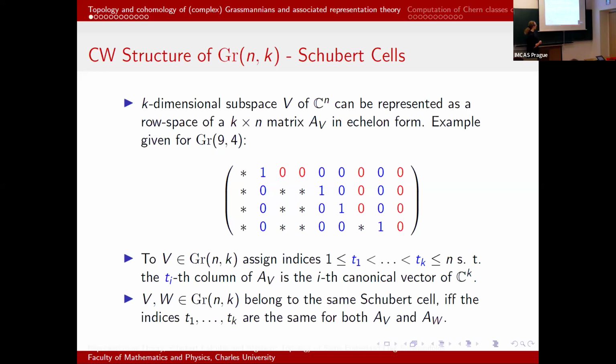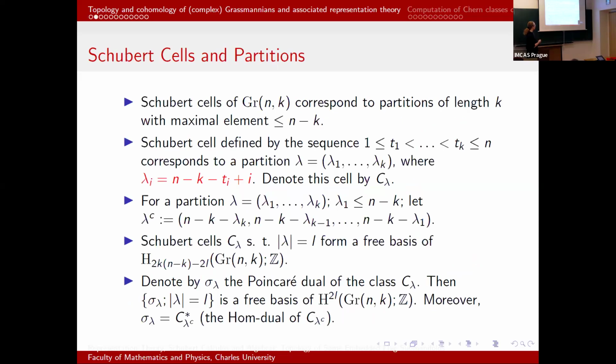The Schubert cells of complex Grassmannians correspond to partitions. In the case of Gr(k,n), its Schubert cells correspond to partitions of length k with maximum element less than or equal to n minus k.